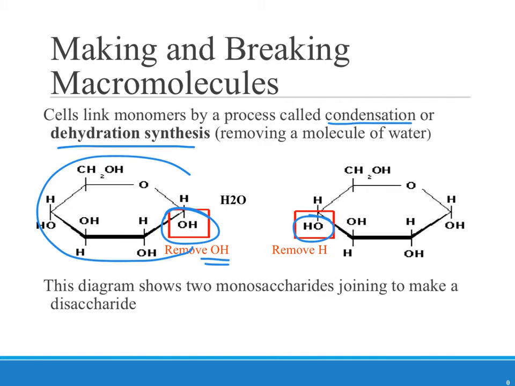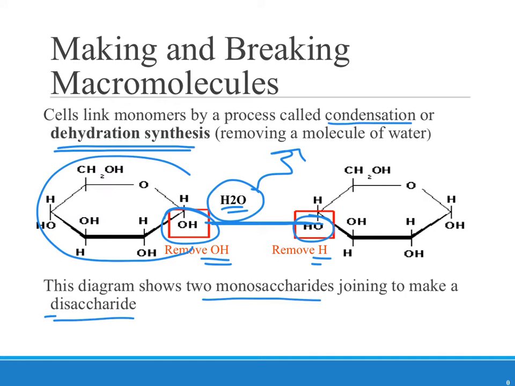And if you remove both the oxygen and the hydrogen from this side and just the hydrogen from the other side, a bond can form between these two molecules, and this water can kind of go off by itself. It can be taken out of the equation. So this is an example of dehydration synthesis. We're taking water out to hook these two monosaccharides together to make a disaccharide, di meaning two in this case.